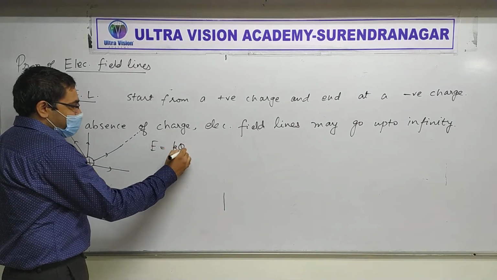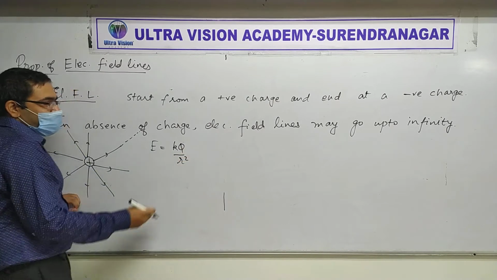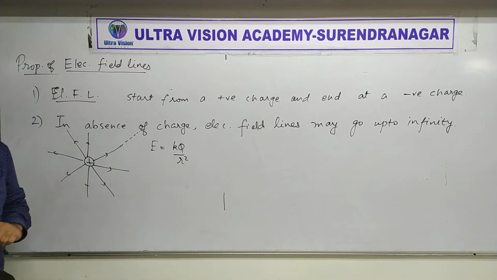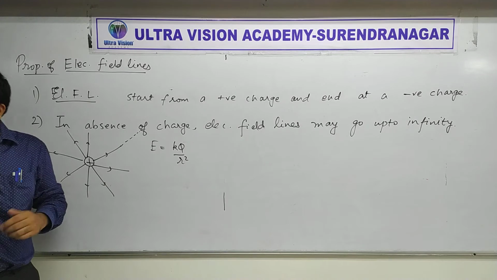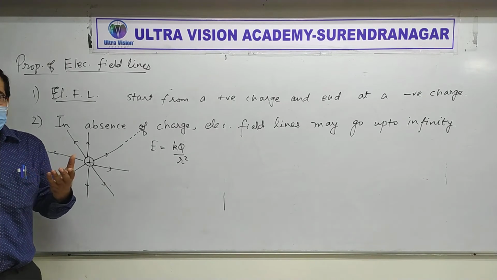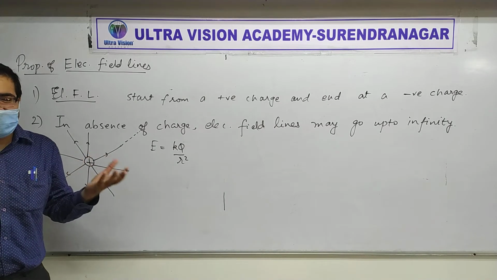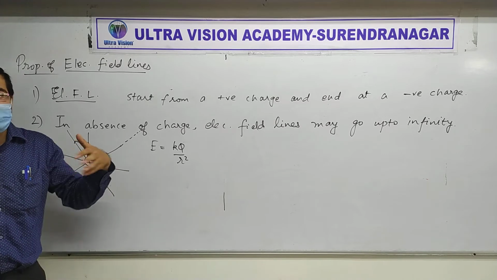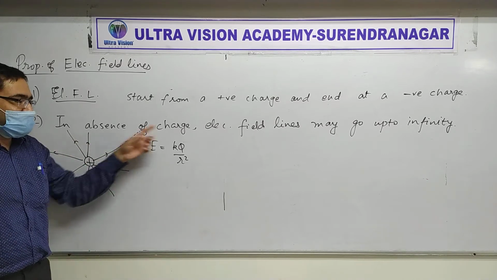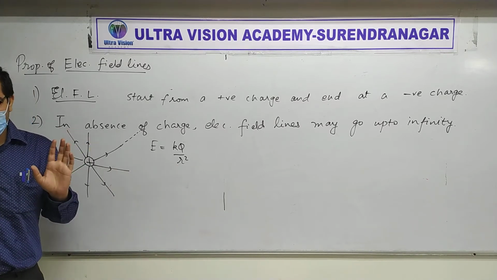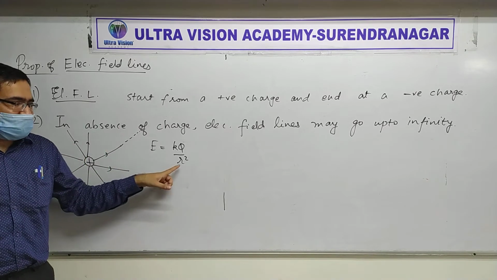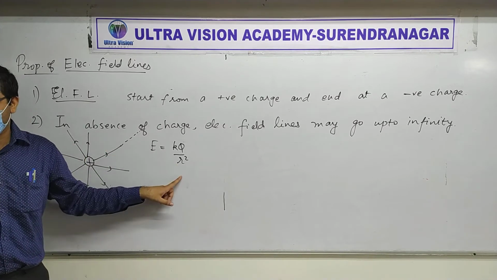Think about the electric field of a point charge. Up to how much distance will the electric field be there? I am asking you up to how much distance will this electric field be there? Will it be up to 1 meter? Yes, you can put R value 1. You will get some value of electric field.